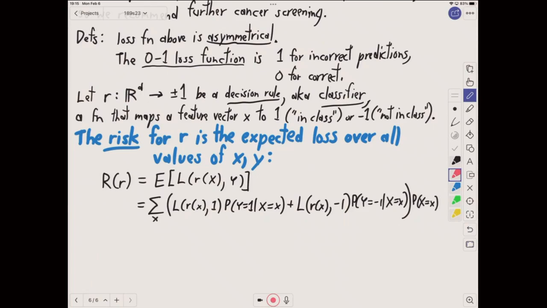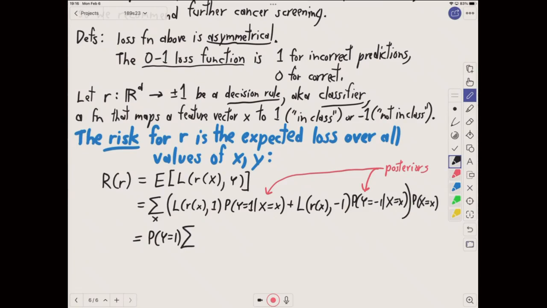And I want to point out that the two probabilities inside the big paren are both posterior probabilities. So there's a second way I can write out this risk of the decision rule by plugging in Bayes' formula and expressing those posterior probabilities in terms of prior probabilities and class conditional probabilities. If I do that, it's going to look like this.